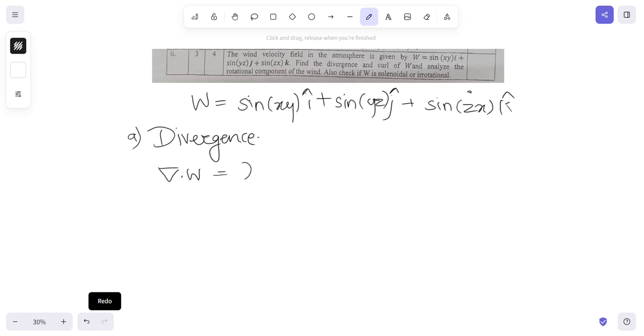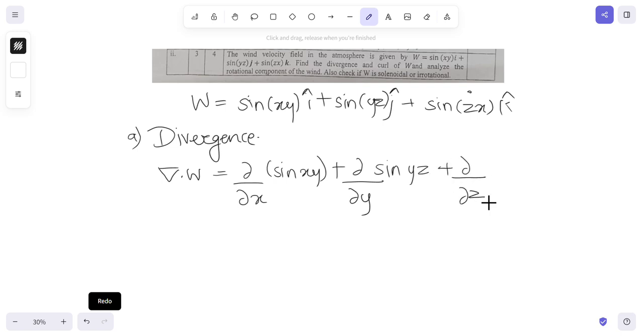To find it, we would take differentiation with respect to x of the first term, that is sin xy, plus differentiate the second term, sin of yz, with respect to y, then differentiate sin of zx with respect to z.